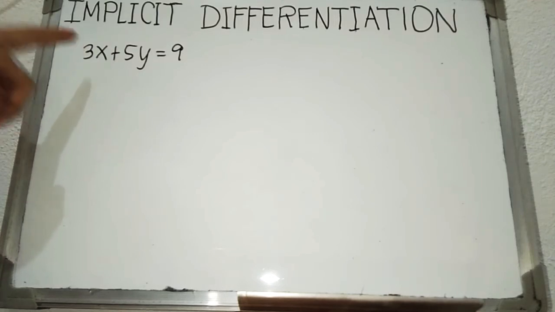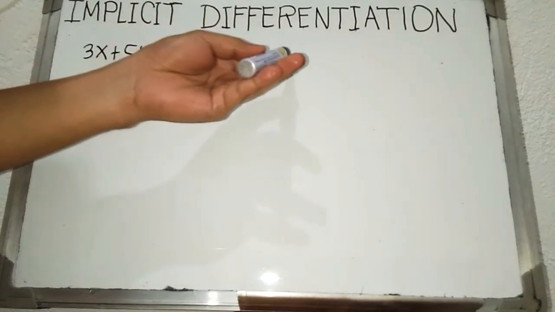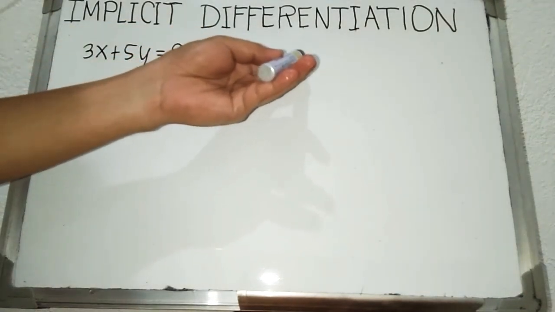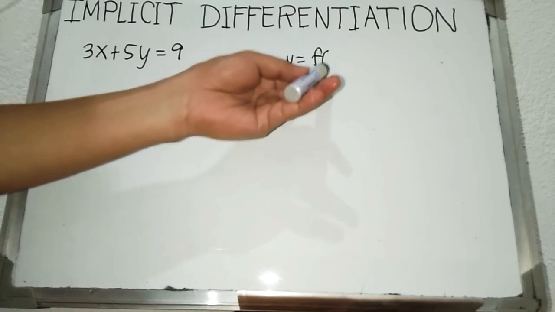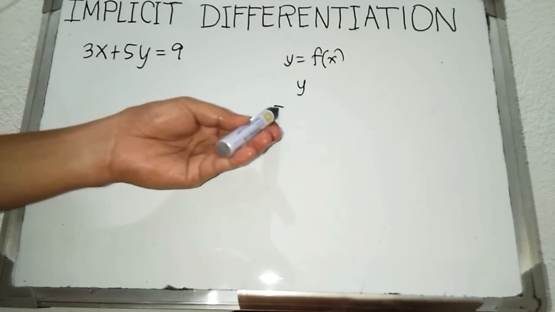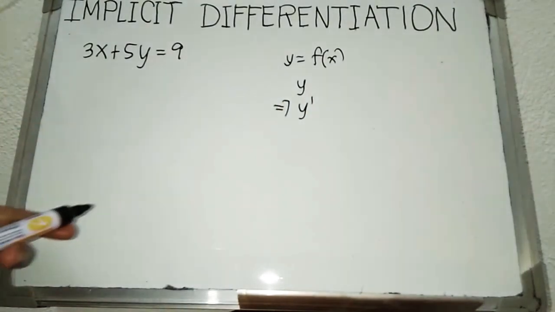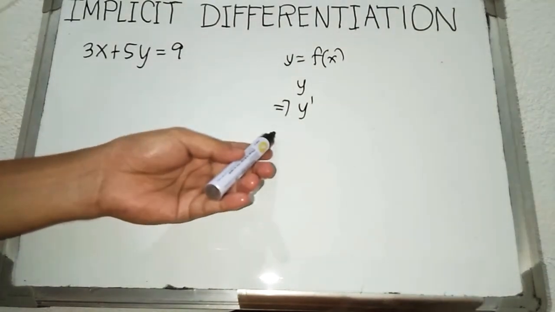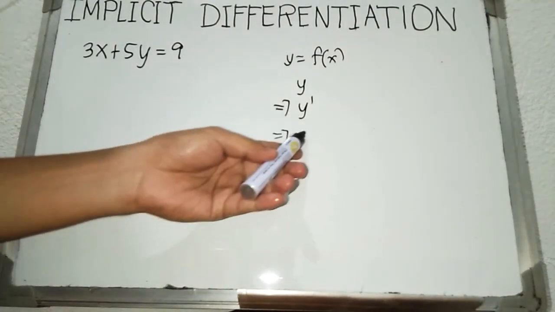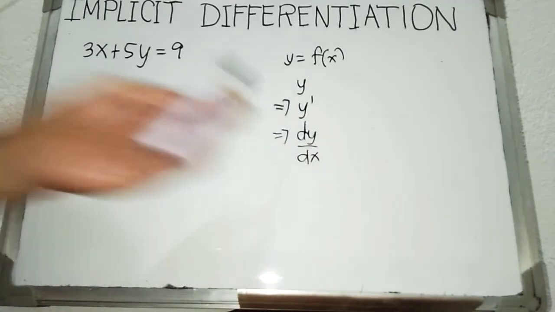directly from this function. But before that, we know that y is equal to the f of x function. And when we say y, the derivative of y could be y prime, or this can be written as dy over dx.